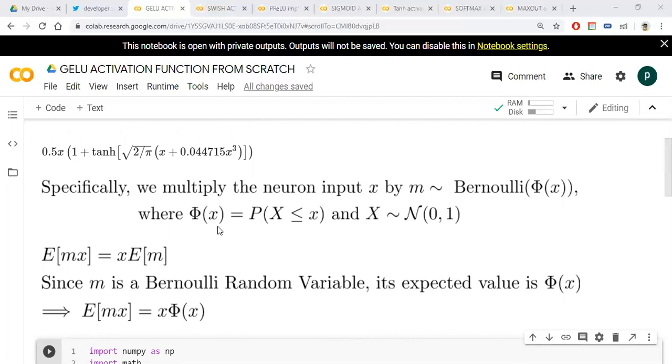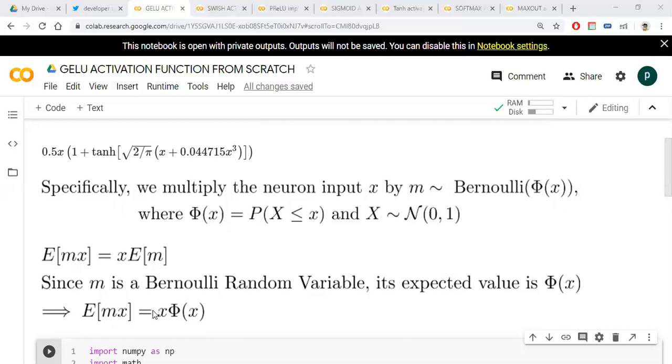So we find the expected value of our transformation. Activation functions transform the output, so we need the output to be the expected value and deterministic.